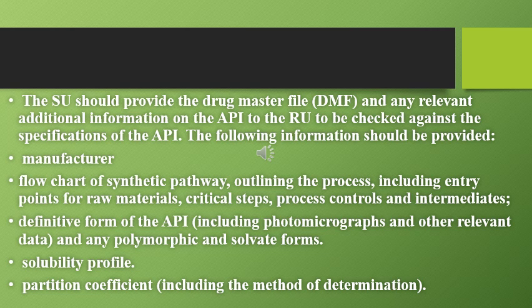Next, a flow chart of the synthetic pathway outlining the process, including entry points of raw material, critical steps, process control, and intermediates. It should contain a flow chart which will denote what the synthetic pathway is, how this API is being manufactured, what the process of manufacturing the API is, outlining how the entry points of raw material, like from which gate, which type, which method the raw materials will enter, and what the critical steps are which we will monitor.